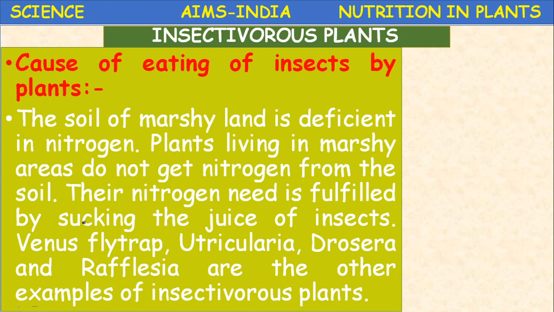So their nitrogen need is fulfilled by sucking the juices of insects. Examples of the insectivorous plants: Venus flytrap, Utricularia, Drosera, and Rafflesia, a parasite, also are other examples of insectivorous plants.